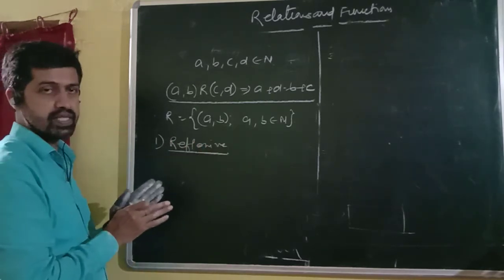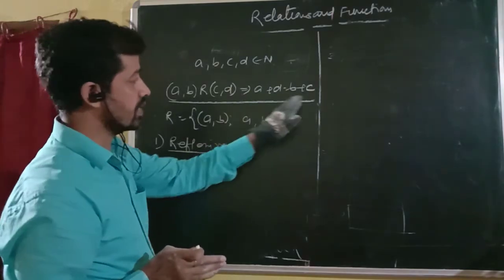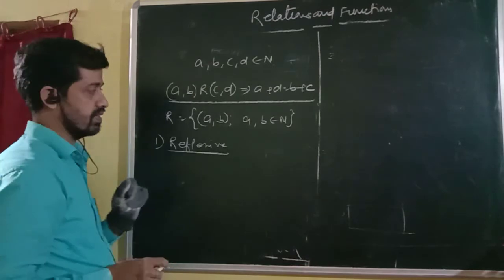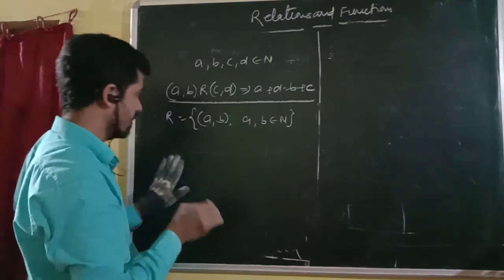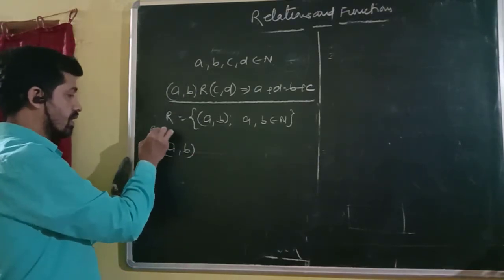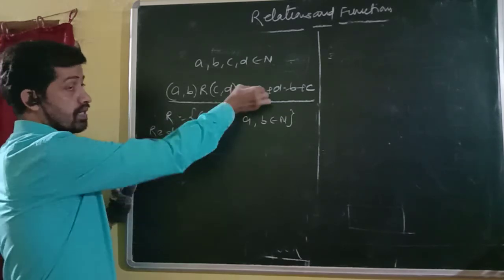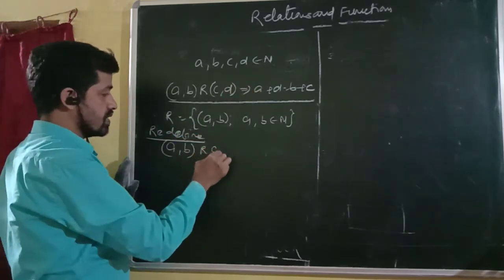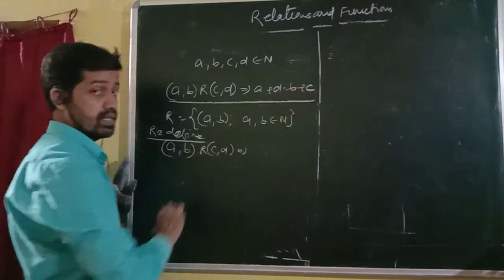Before starting reflexivity, I would suggest you to rewrite this definition. That will be much better. What are they saying? Redefine the condition AB related to CD. This is the condition there.